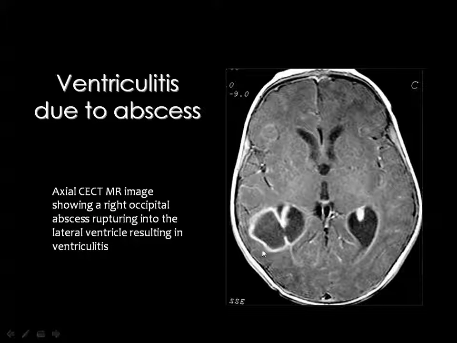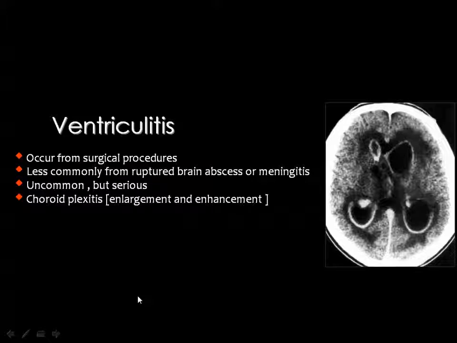And this is an example of brain abscess in the temporooccipital area, ruptured inside the ventricle. You see enhancement of the ventricular wall on both sides, denoting the development of ventriculitis or ependymitis.